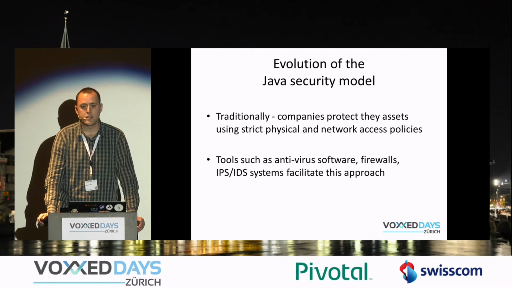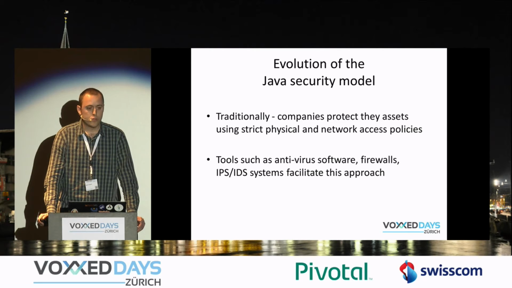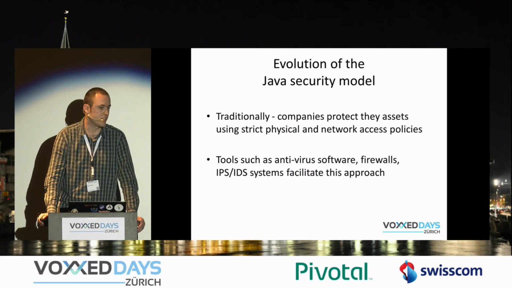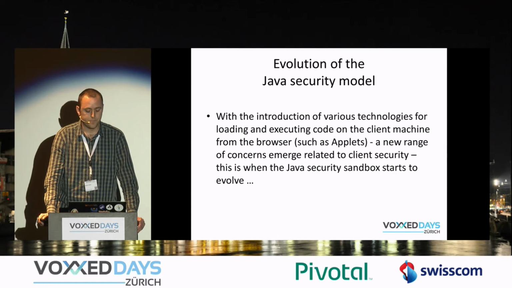There are some companies that are imposing the requirement that all of the communication must be SSL enabled. And also companies are deploying tools such as antivirus software, firewalls, intrusion protection systems, and intrusion detection systems. And basically companies are trying to enforce by all means necessary the protection of all types of assets.